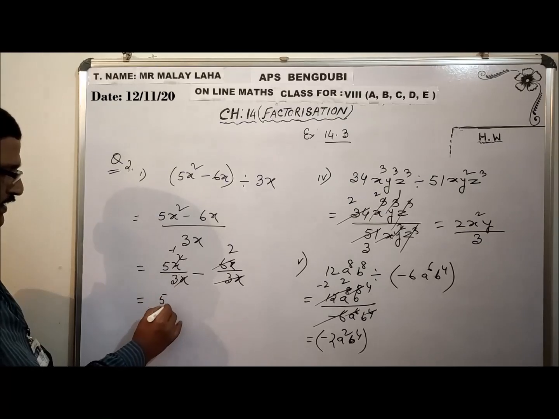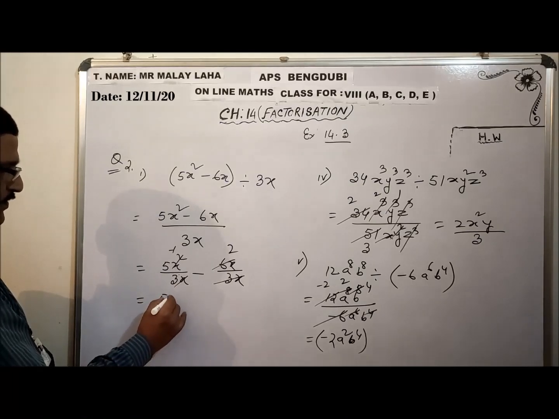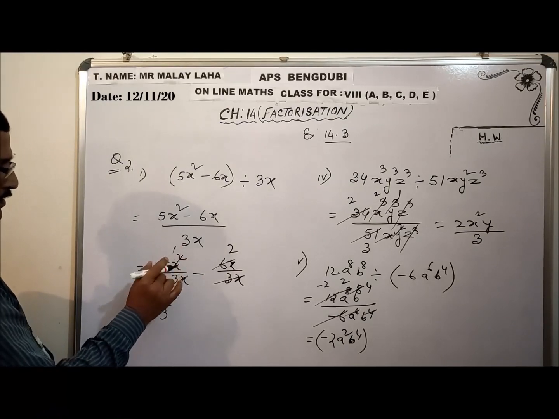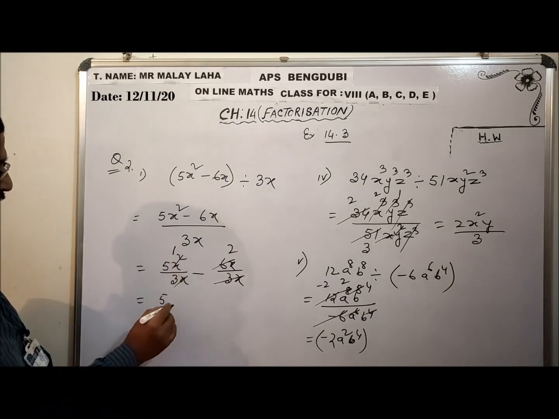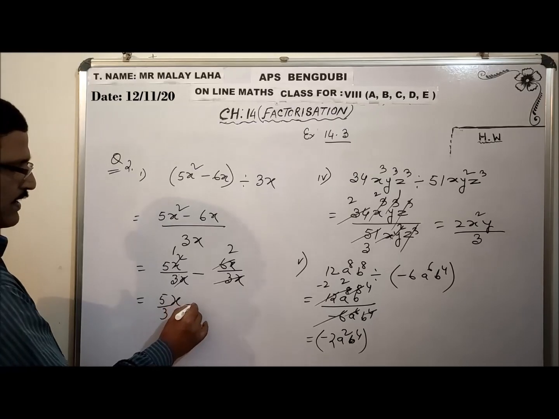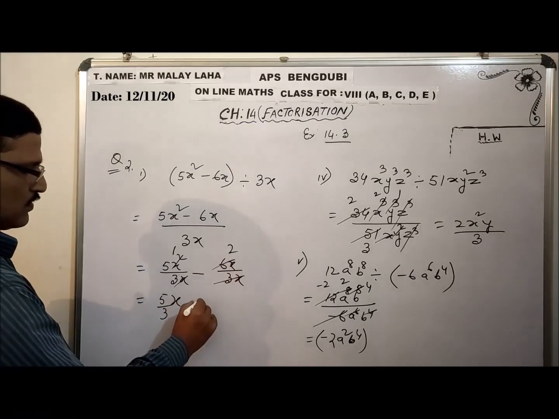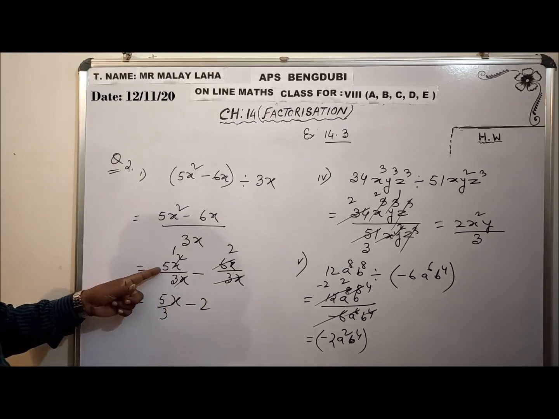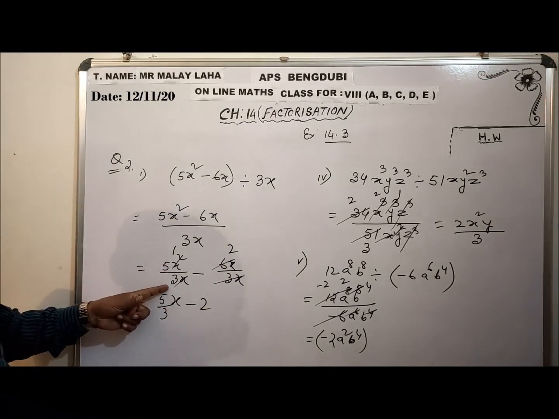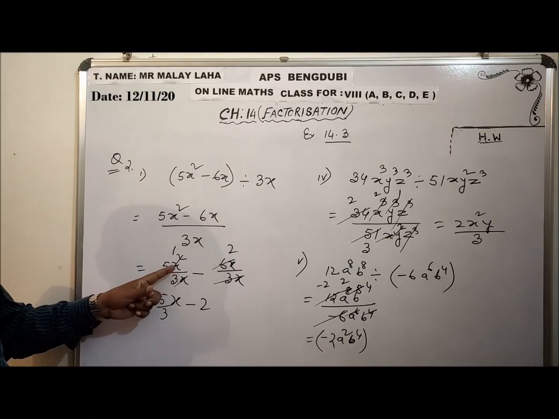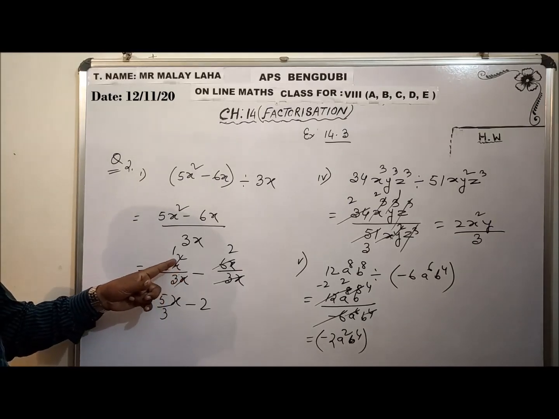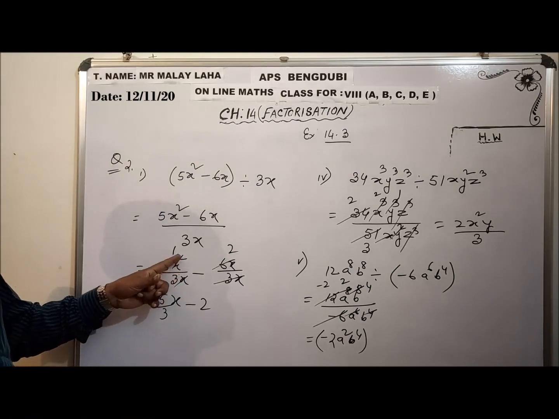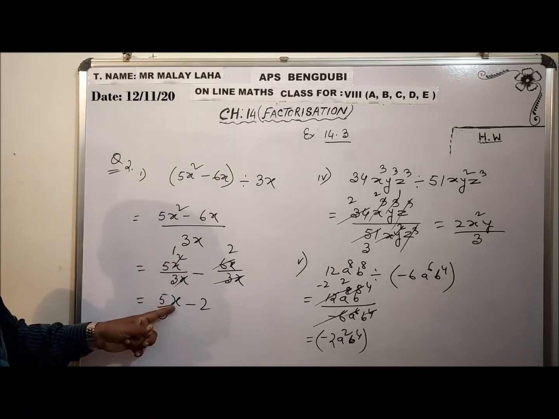5 on top, under this by 3. 1x is cut out, another x is left out. Okay? Here, so x minus what is left out? 2 only. Okay? After cancelling, I am getting 5 by 3. 5 and 3 cannot be cancelled. So 5 by 3 and 1x is decreased from the numerator. That is x raised to 2. When you subtract 1, 1 is left out. That is x only.